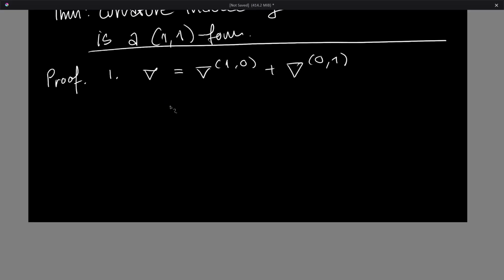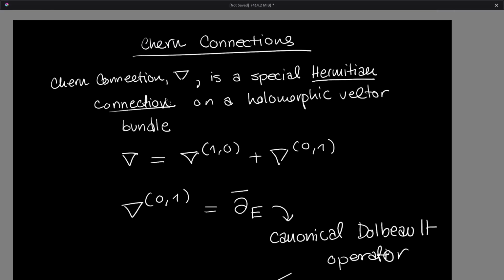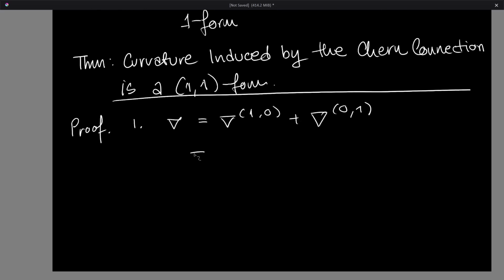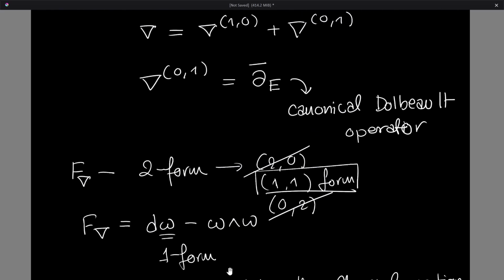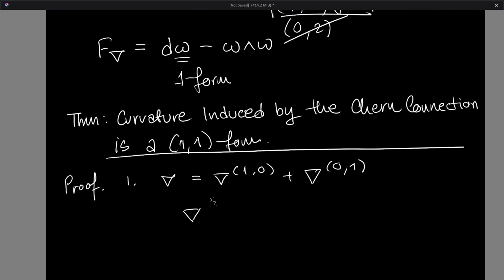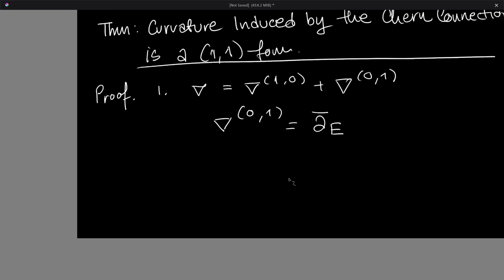Okay, so we know that because we have the Chern connection, since it's a Hermitian connection, it satisfies the Hermitian condition, and also because of its own definition, we know that nabla 0,1 is equal to the canonical Dolbeault operator. So not only is it compatible with the Hermitian metric because it's a Hermitian connection, it's also compatible with the holomorphic structure. This is what we want, right?